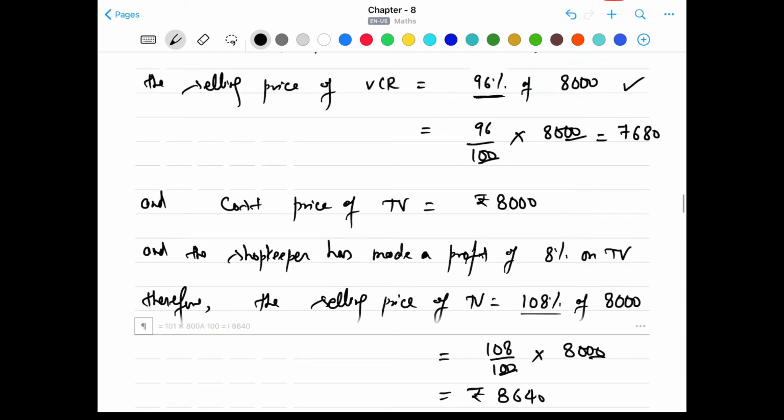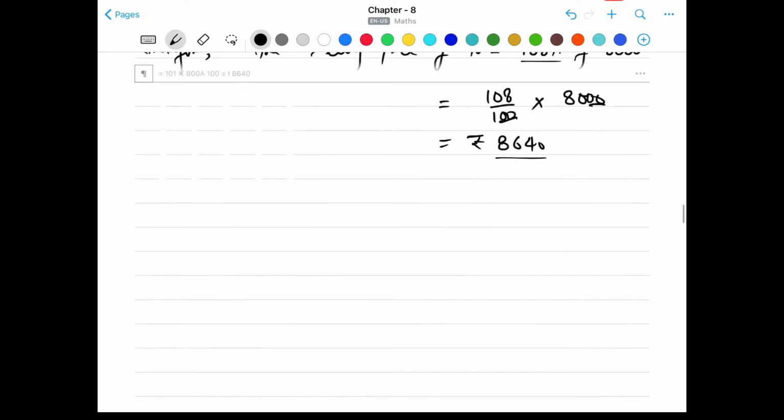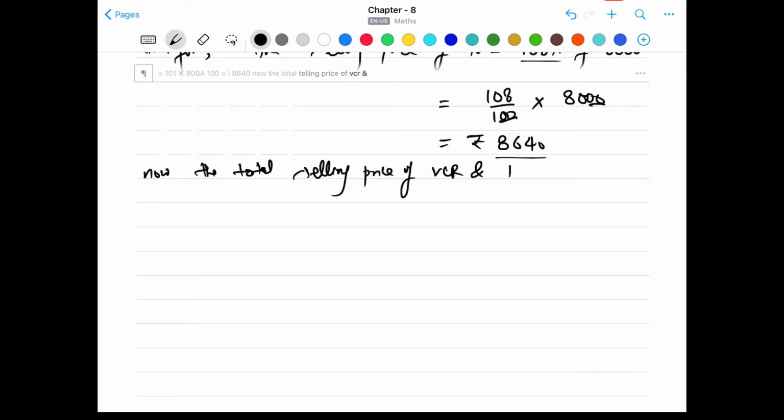So we got the selling price of the VCR, which is 7,680, and the selling price of the TV, which is 8,640. Now we'll find the total selling price. The total selling price of VCR and TV will be equal to 7,680 plus 8,640.